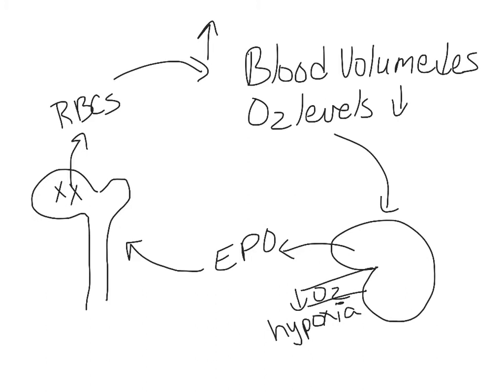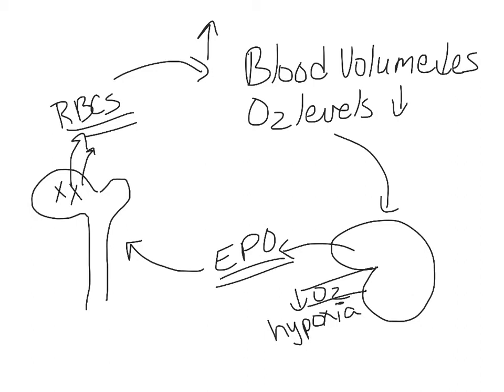So it stimulates the release of red blood cells, right? Through erythropoiesis, the production of red blood cells. Then it also stimulates the maturation of the red blood cells, because those are the two things that have to happen. We have to produce the red blood cell, then the red blood cell has to mature very quickly. So EPO is going to do both of those things.